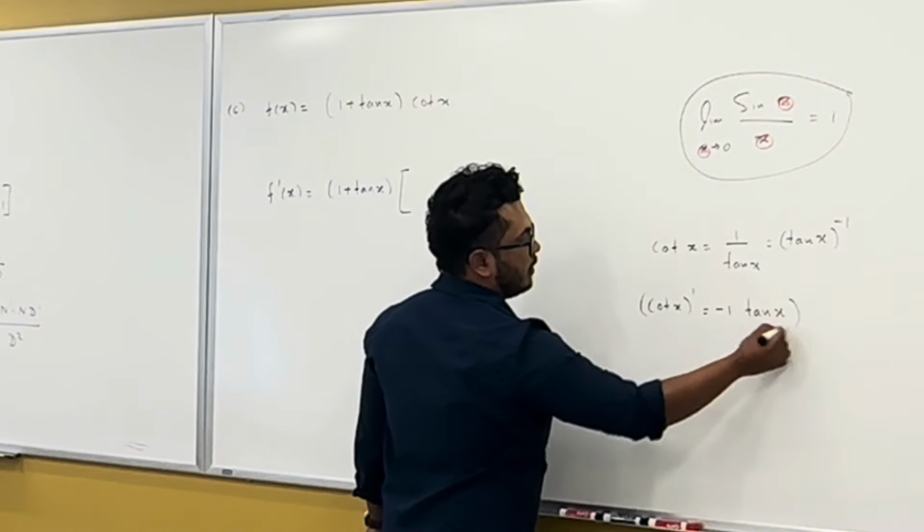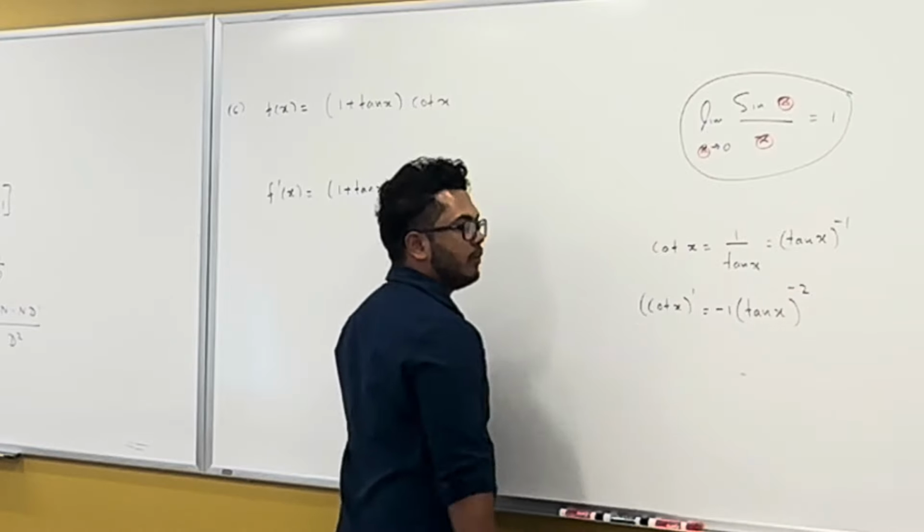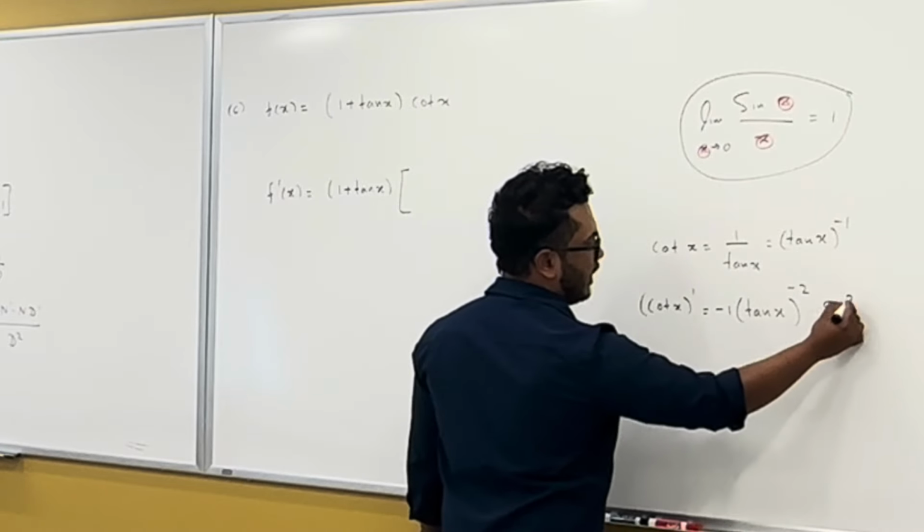Tan to the negative 2 power. Tan x, what is the derivative of tan? We know it's secant squared x.